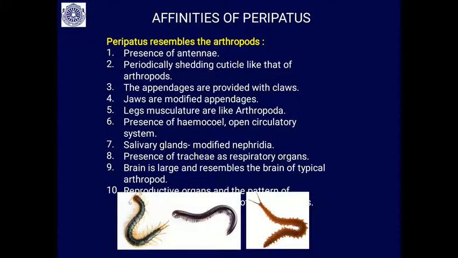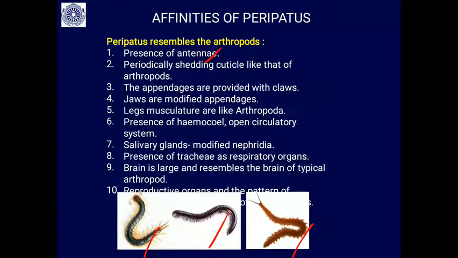Then the peripatus resembles more in its features the phylum Arthropoda. That's why it is classified under phylum Arthropoda. There is the presence of antenna; you can see these are the centipede and millipede. This is peripatus. It resembles these centipedes and millipedes. The anterior appendage is modified into antenna.